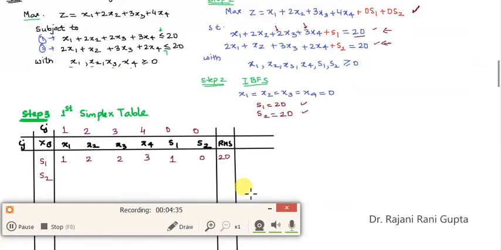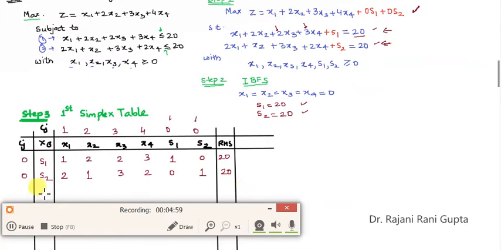Similarly s2 comes in this equation. The coefficient of x1 is 2, x2 is 1, then 3, 2, there is no s1 so 0, for s2 it is 1, and then 20 there. Now the Cj values of s1 and s2 are 0 and 0.